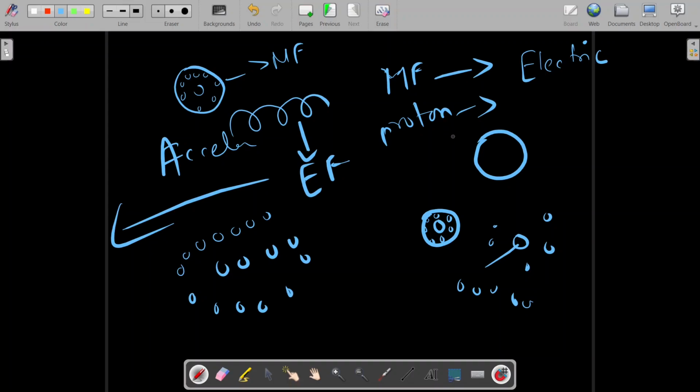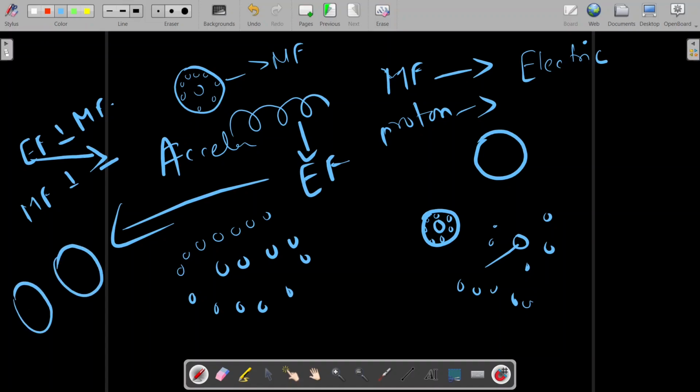A field perpendicular to the electric field is termed a magnetic field. If there is any field which is perpendicular to the magnetic field, that is nothing but the electric field, because no two fields exist parallelly.